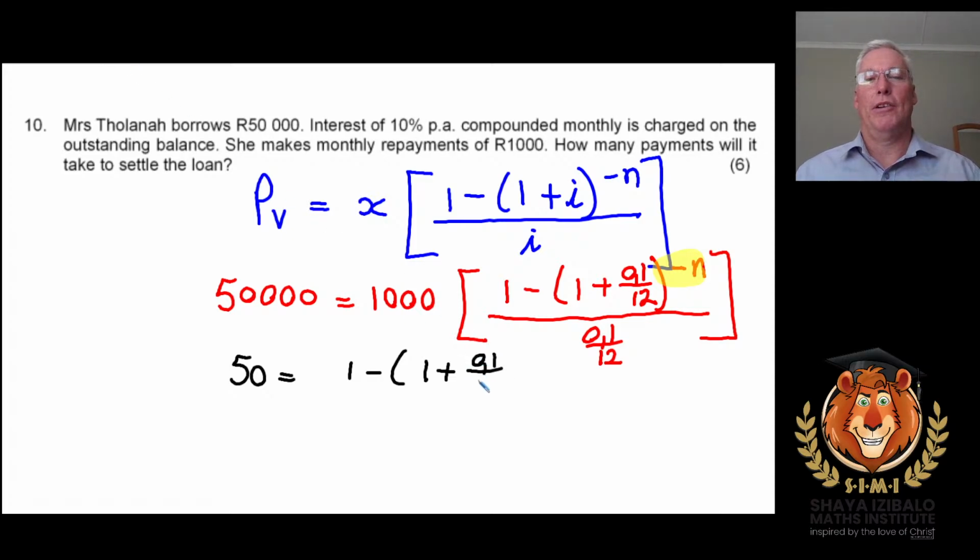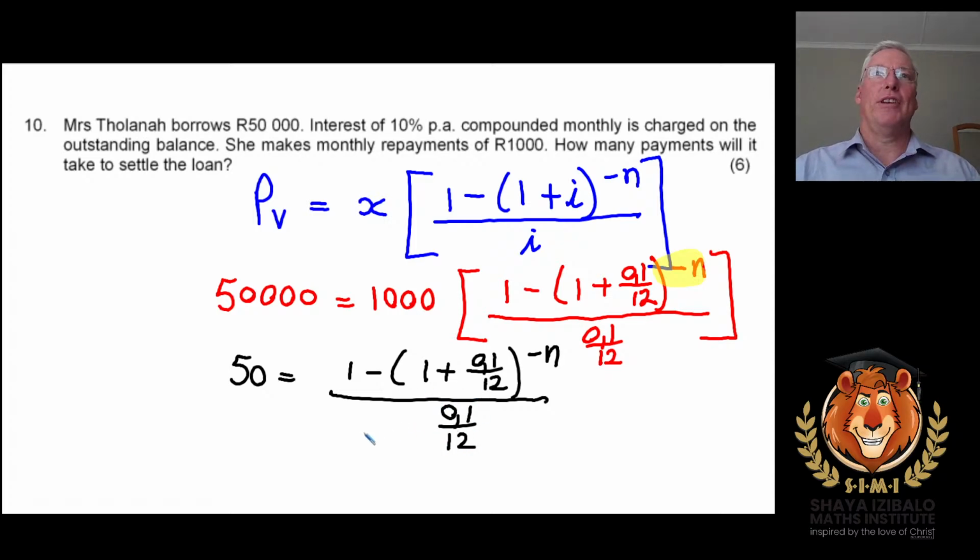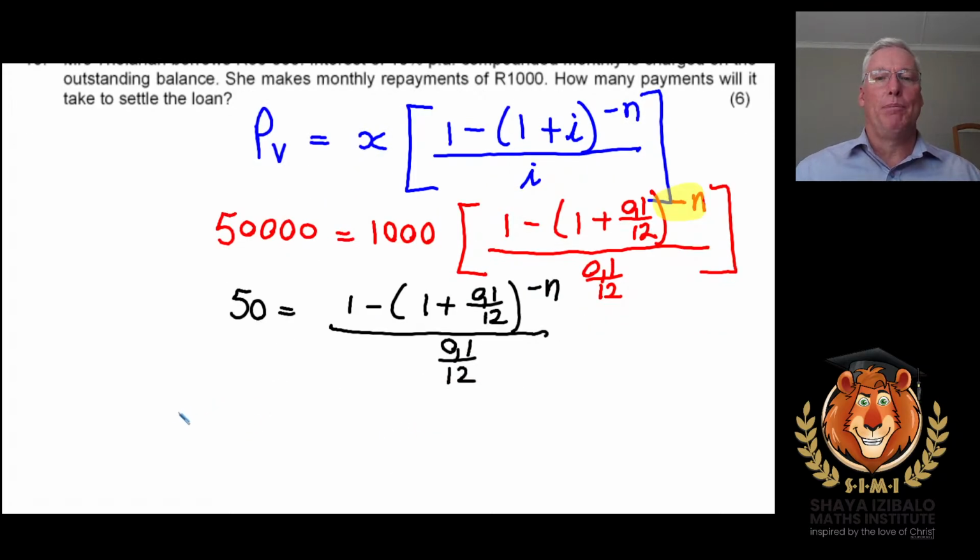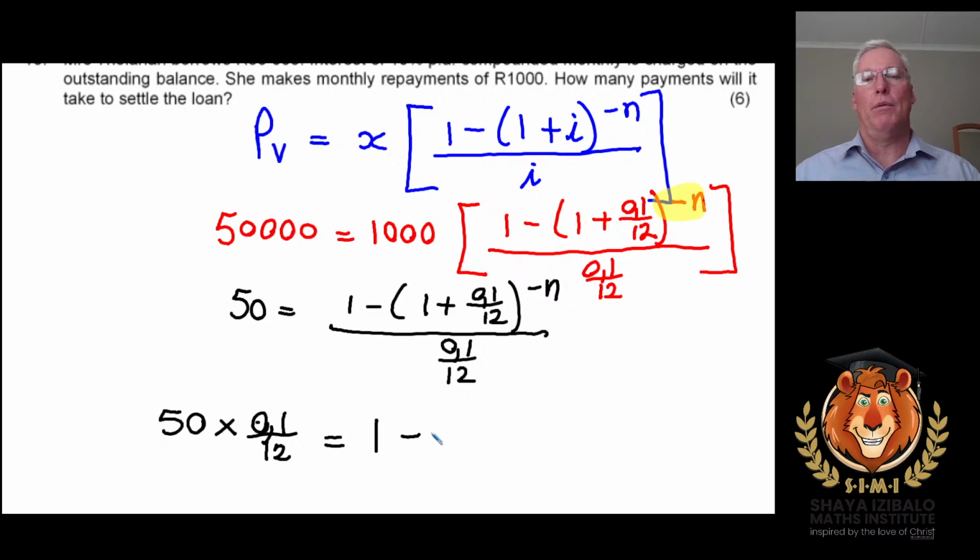0.1 over 12 to the minus n over 0.1 over 12. We've got this fraction here. We don't like fractions. Let's multiply both sides by 0.1 over 12. That will leave us on this side with 1 minus (1 plus 0.1 over 12) to the minus n.